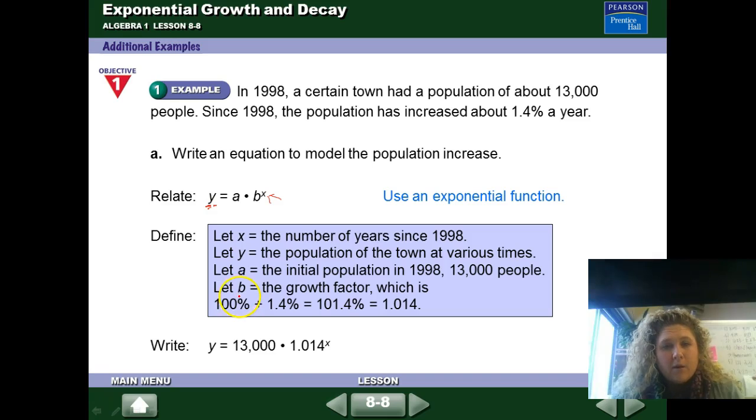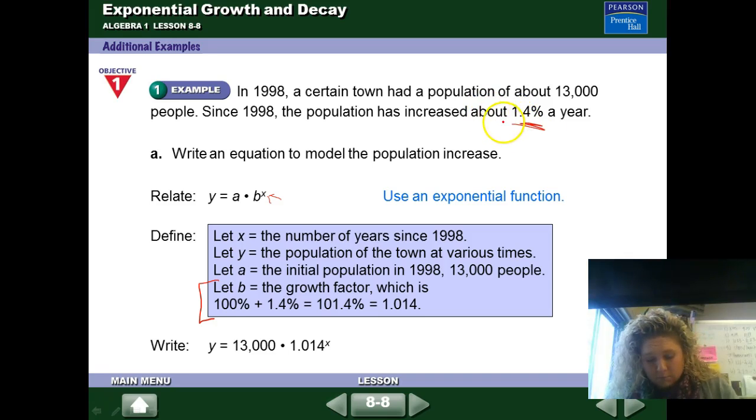To find b, we need to understand that we're taking 100% of my 13,000 and increasing that each year. To truly understand what this is saying, we need to take my population of 13,000, and we know it increases by 1.4% each year.